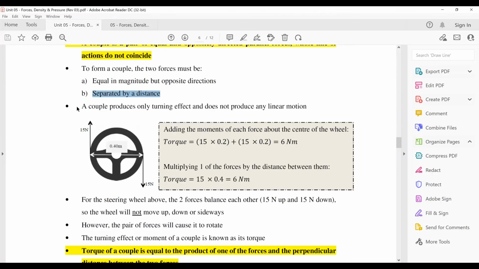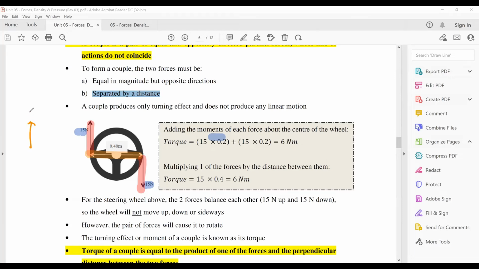If you look at the example of the steering wheel here, you notice that there is a pair of forces, 15 Newton, of equal magnitude but acting in opposite directions. And you also notice that they are not in line with each other. They are separated by a certain distance, 0.4. This is what we call a couple.